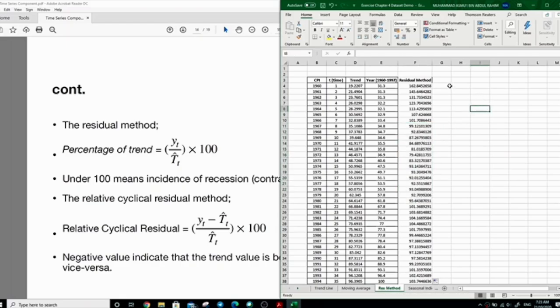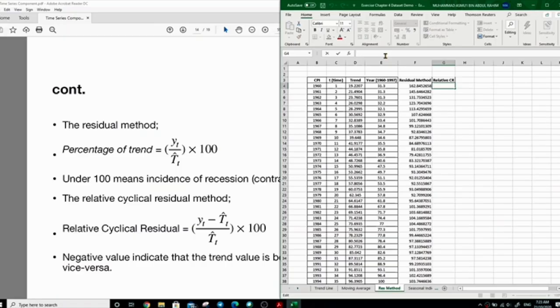Another method we can use is the relative cyclical residual. The formula, I just put relative CR as an example.